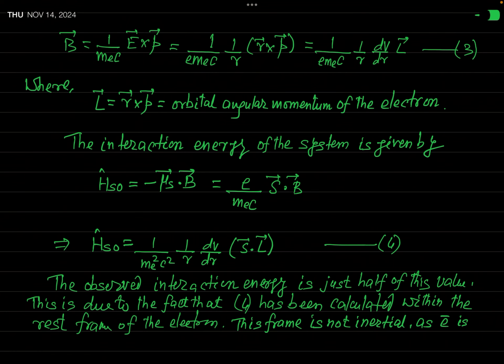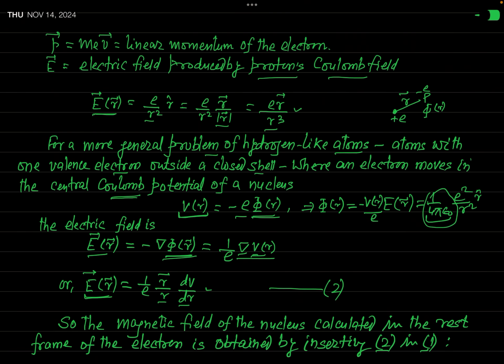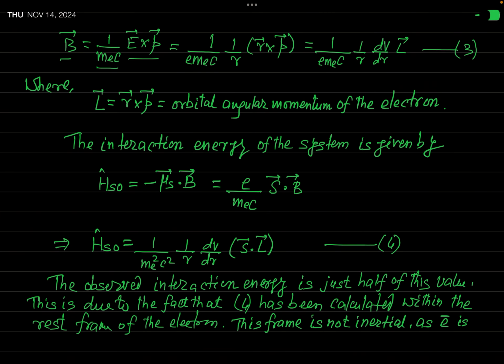And that's why B will now be given by 1 over m c times E cross p. Let us put the value of E from there, and then it will be 1 over e m c times 1 over r dV/dr times r cross p.